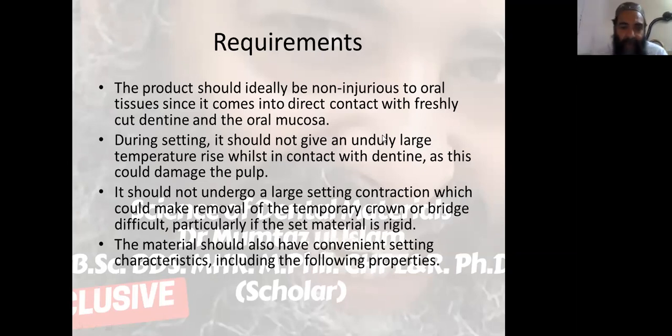During setting, it should not give an unduly large temperature rise whilst in contact with dentine, as this could damage the pulp. It should not undergo a large setting contraction, which could make removal of the temporary crown or bridge difficult, particularly if the set material is rigid.